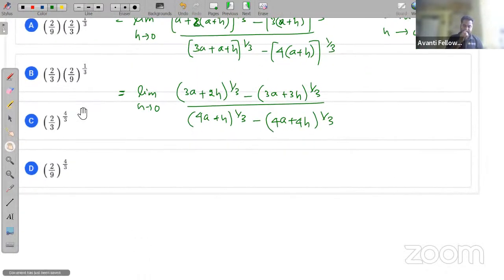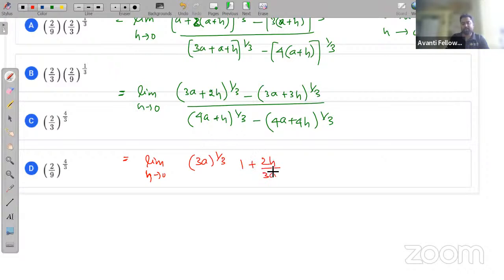Now after this, what will we do? If we take 3a common from the numerator and 4a common from the denominator, let's see what happens. Limit h tending to 0, take 3a as common from the numerator, that is (3a)^(1/3). This becomes (1 plus 2h upon 3a)^(1/3), because we need to apply the binomial approximation.